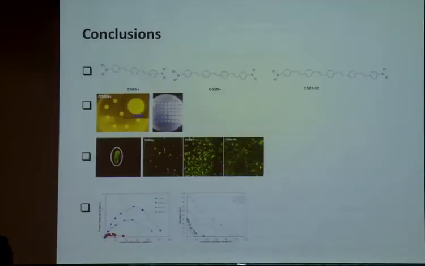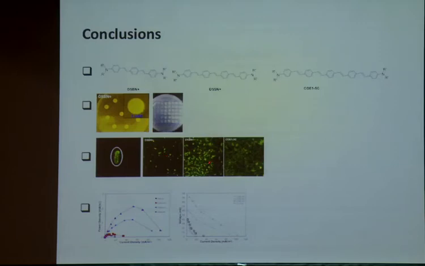So I'll conclude what I'm talking about today. We synthesized 6 molecules and tested their cytotoxicity. Because of the fluorescent property of the molecules, we can examine the cell property and the biofilm formation directly without any staining process, and the power generation has also been improved.